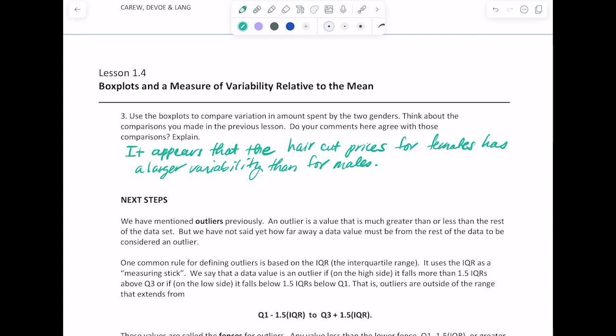Okay, we know that the females have an IQR of $9 and the males have an IQR of $7.